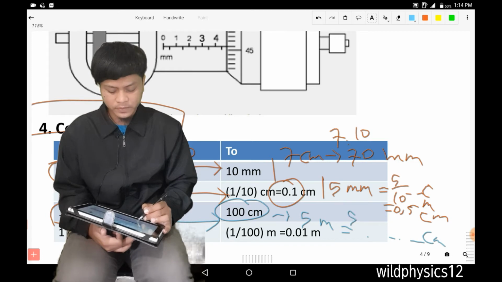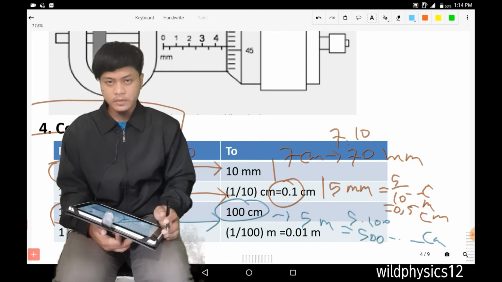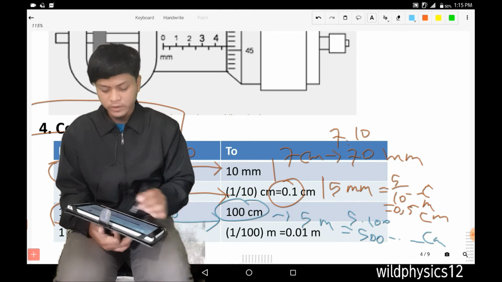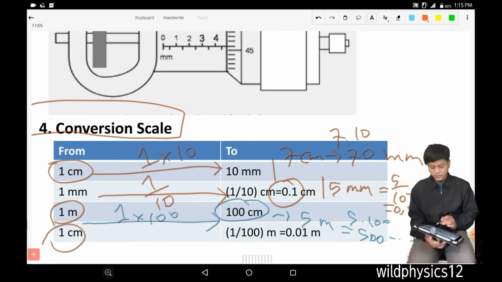So 5 times 100 is 500 centimeters. And vice versa, if you want to change 1 centimeter into meters, we just divide it by 100. Divided by 100, it's just 0.01 meters.